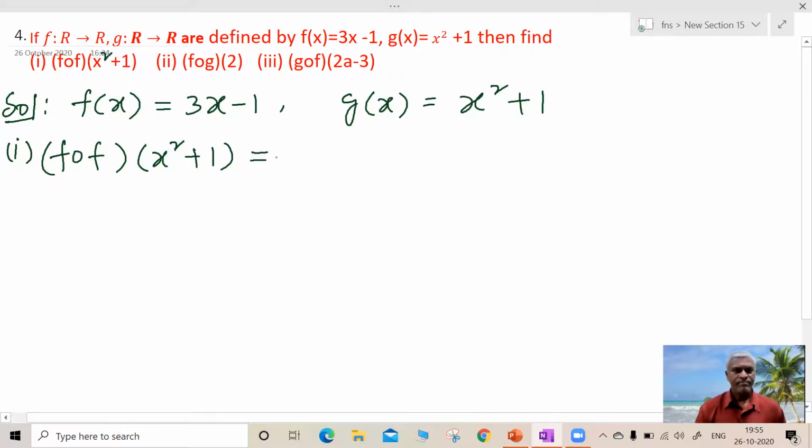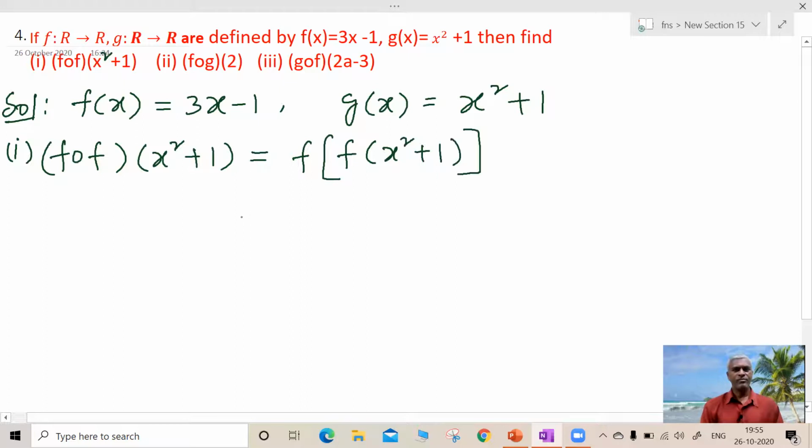So first step, break the circle and put bracket. In this way we separate the f function from the composite.